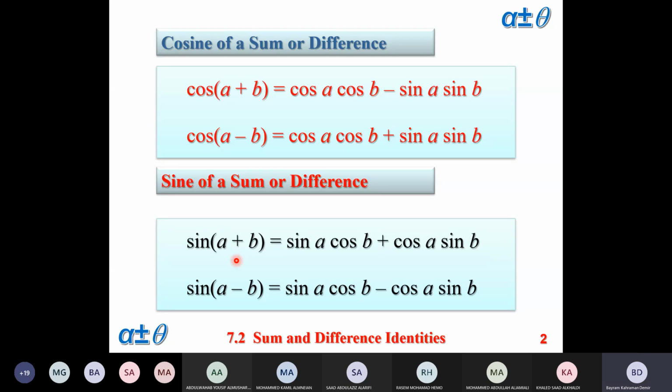In the sine, we have positive here and positive here, same signs, negative here, negative here. But for the cosine, we have opposite signs, you see? Plus here, minus here, plus here.